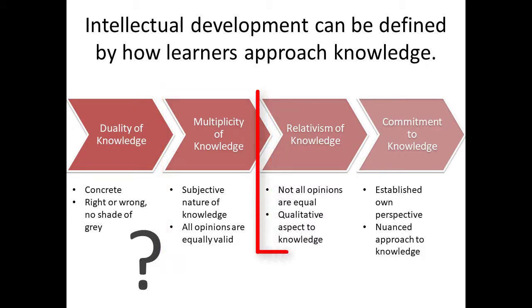So let's go back to this really quick. We've got the relativism of knowledge. Finally, opinions are not all equal, they have to be justified, and there can be one that is more right. They're learning to evaluate the pros and cons of each opinion. Up until this point, learners have a quantitative view of knowledge, and this is where they finally get the nuances and qualitative pieces of knowledge.